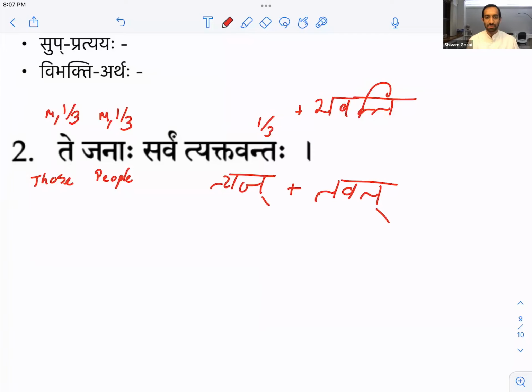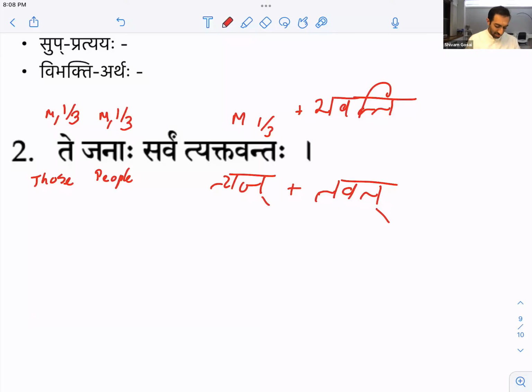Tyaktavat is the pratipadikam. Tyaktavat 1, 3 becomes tyaktavantaha. Now we know that this is going to be masculine because it is going along with these masculine words. Masculine 1, 3.